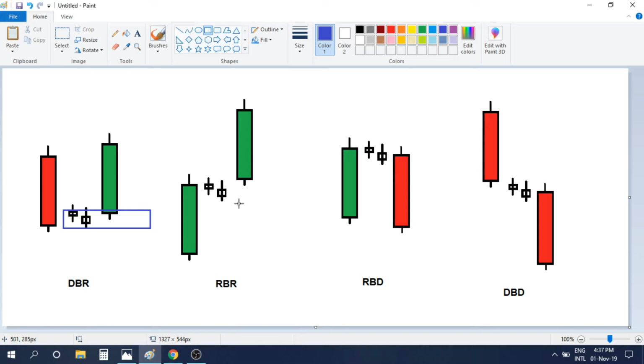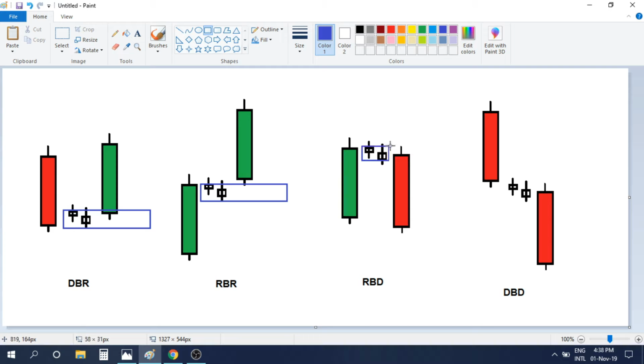Similarly, in the rally-based drop case, again, the highest upper portion of the body among the basing candles, this one, and the lowest low of the wicks of the basing candles. On the supply side, let's just flip it. The lowest body of the basing candles among these two basing candles is this one, and the highest high of the wicks is this one.